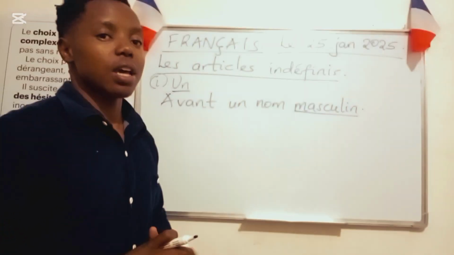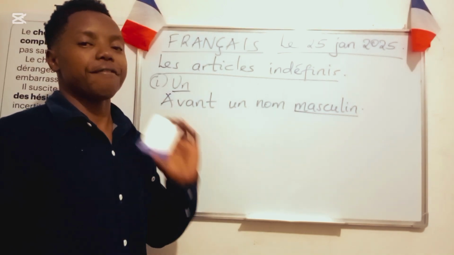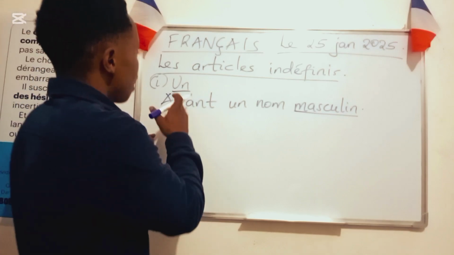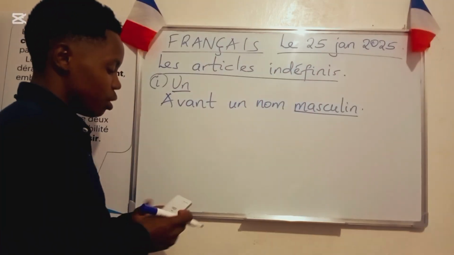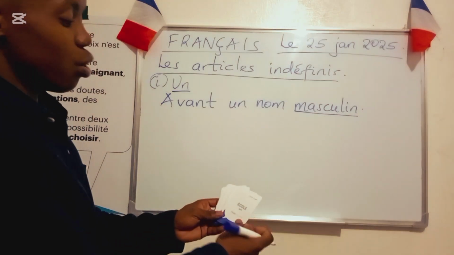In French, we have nouns that are masculine and nouns that are feminine. So all those nouns that are masculine, I will use un before them. For example, I'm going to give you examples with the flashcards that I have here so that you know the masculine nouns and the feminine nouns.